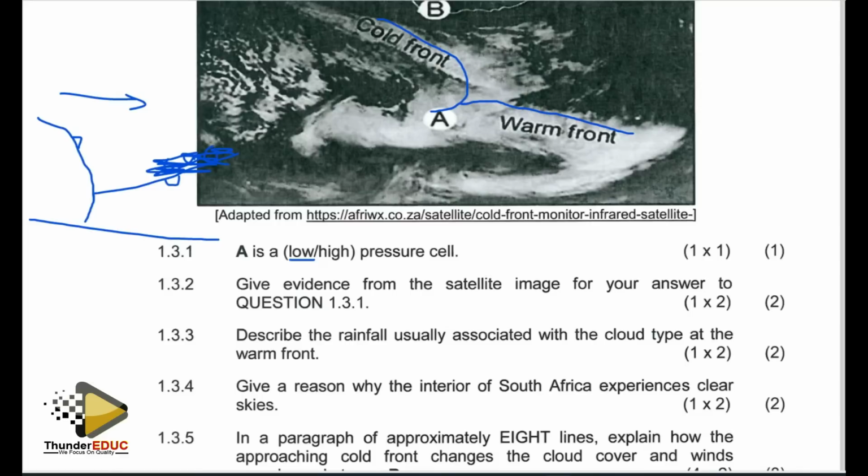We know well that around this area, we have towering cumulonimbus clouds. But that is not where our question is coming from. Our question is solely based on this part here. We want the type of rainfall that is a resultant effect of the clouds that form along the warm front. In that instance, we have light to moderate rainfall over a wide area.